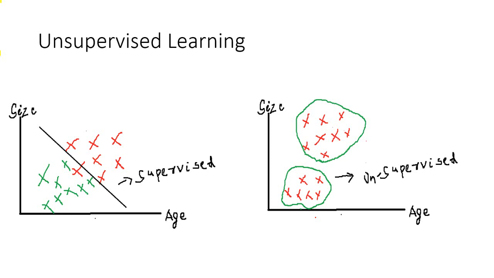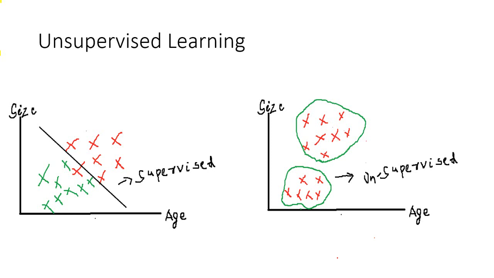We have the output variable with us. What is the output here? The output is whether or not a particular cancer is malignant, and the inputs are the size of the tumor and the age of the patient.